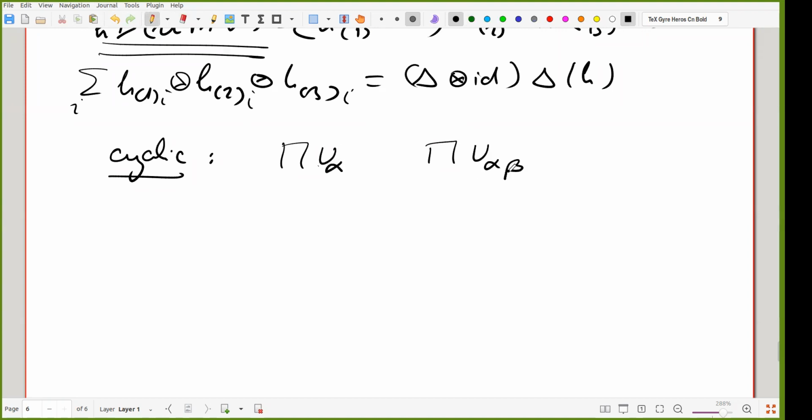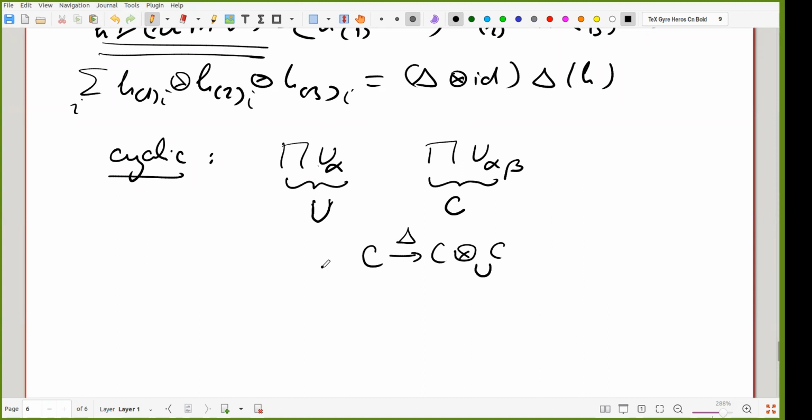U alpha beta. So if you look at this guy, so call this U and call this C, and then you have a map C to C tensor C over U. This will be the co-multiplication and so on.